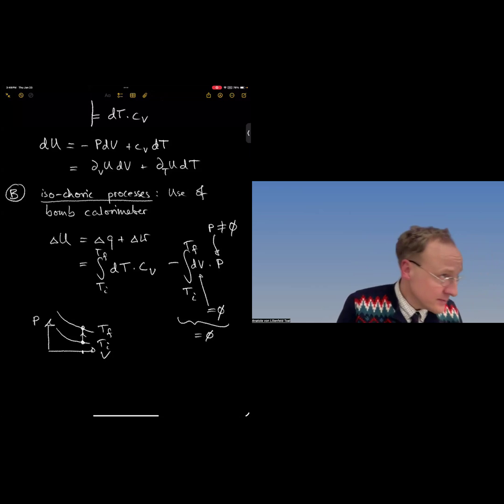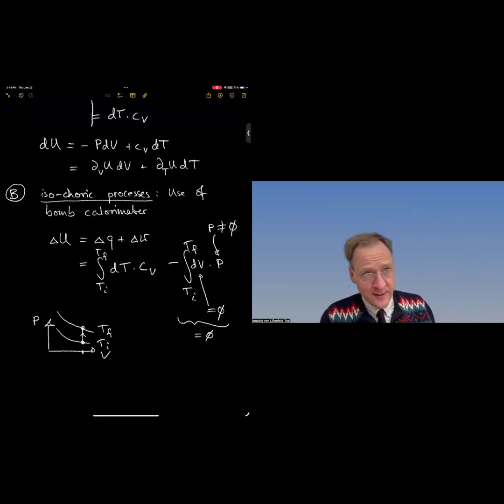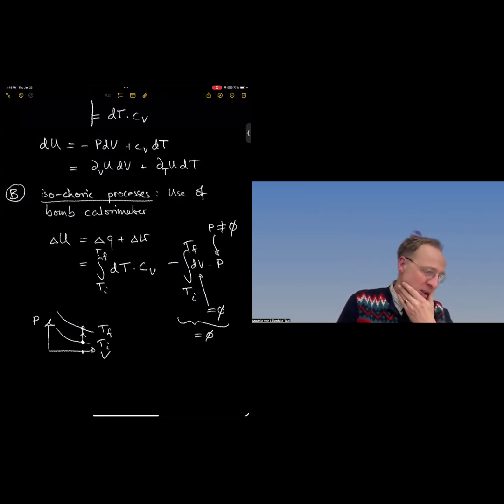Okay. So no work is being done. All you have to do is heat this thing up from one temperature to the next, right? The corresponding change in the energy is then the integral over the heat capacity of your material.